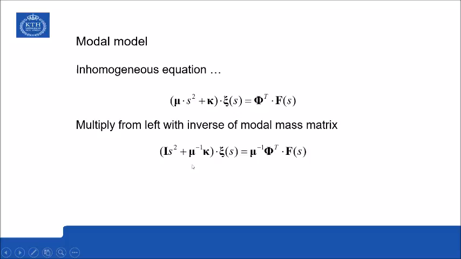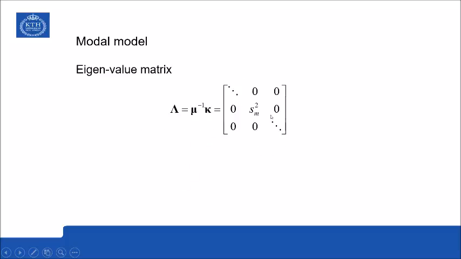The matrix on this side is a diagonal matrix, which is easily inverted, and furthermore we can replace this mu inverse times kappa with the eigenvalue matrix, a diagonal matrix with the eigenvalues on the diagonal. So the system equations now read like this, and this can be shown to be an uncoupled system of equations.